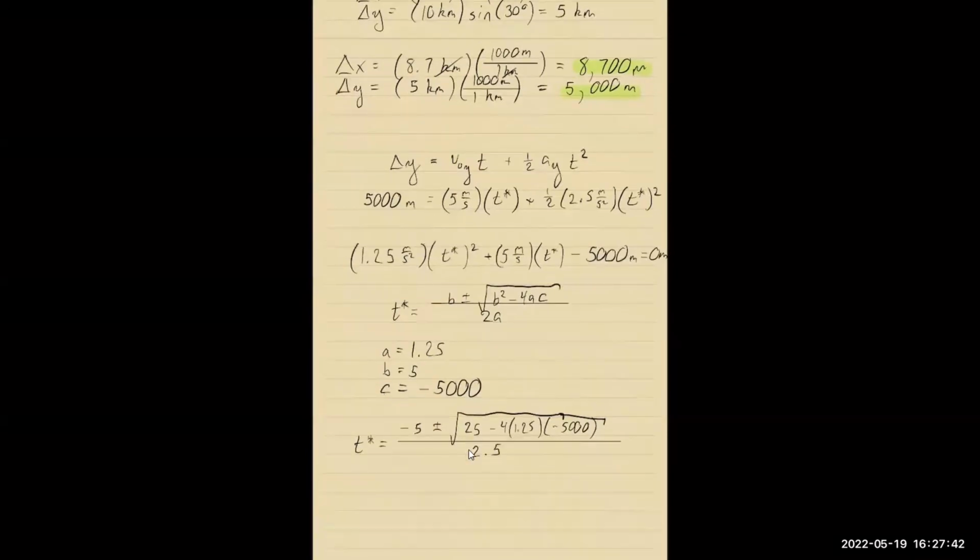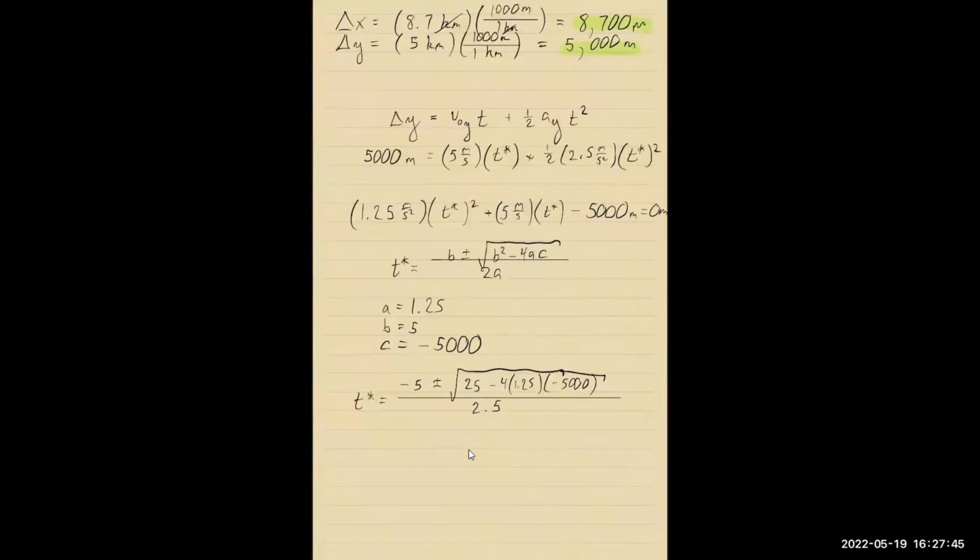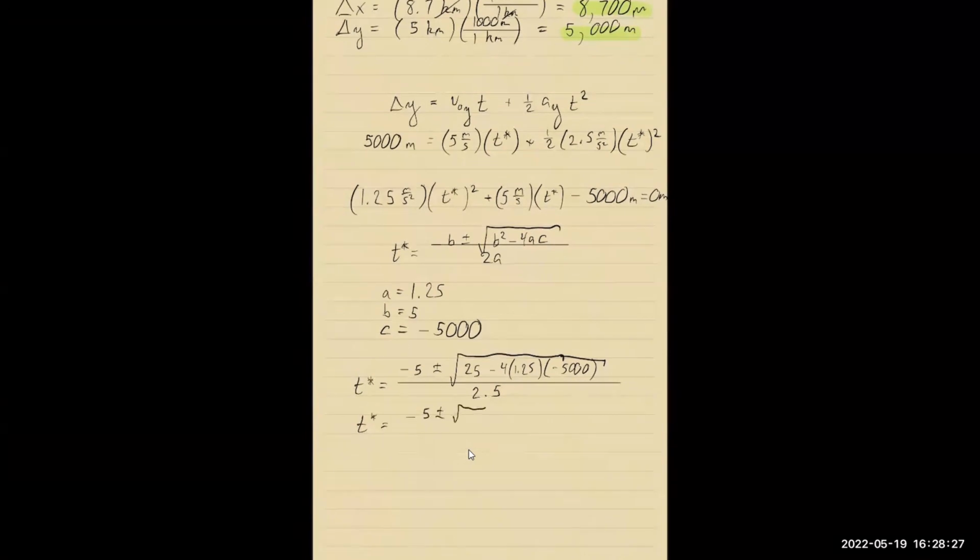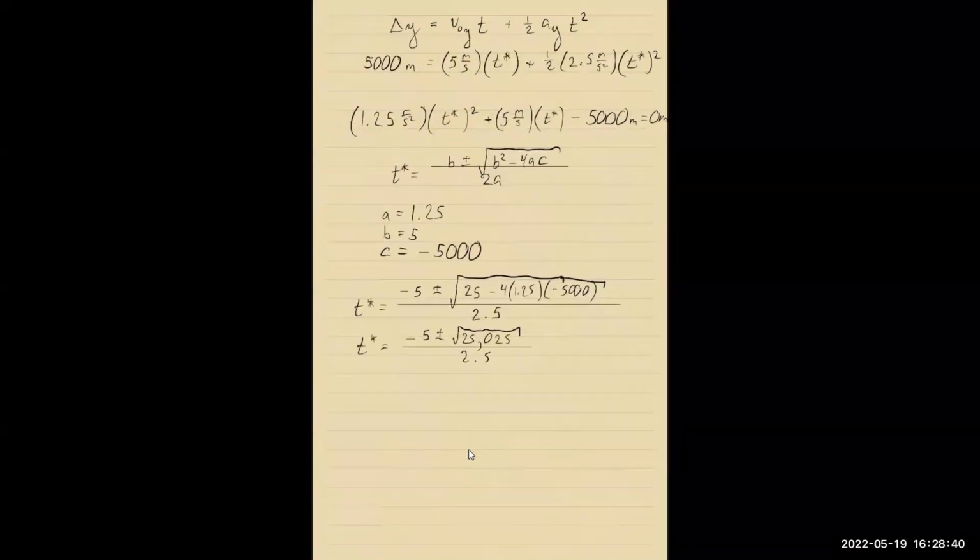And so now we need to just simplify this a little bit. So we have t star is equal to minus 5 plus or minus the thing in the square root, which is equal to 25,025. So all that is divided by 2.5. So we can simplify down again.